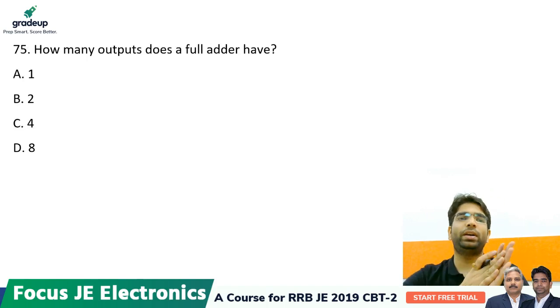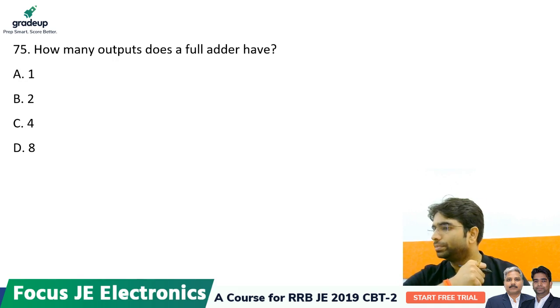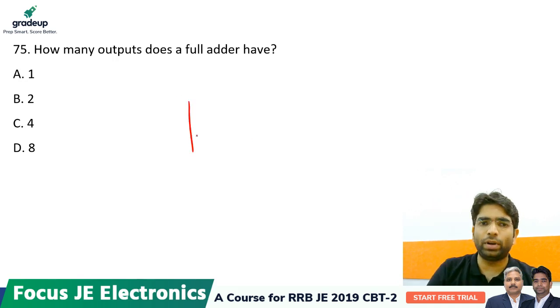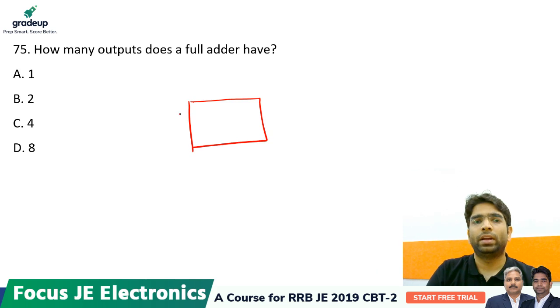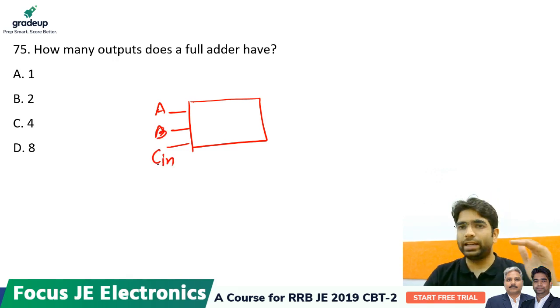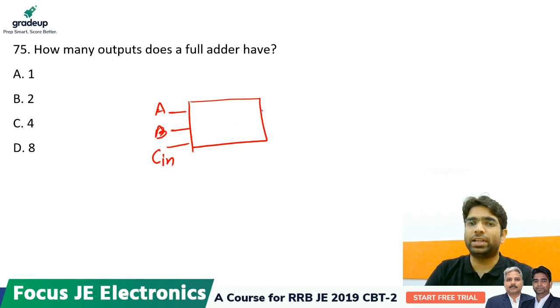How many outputs does a full adder have? There is a full adder. One input is A, one input is B, and one input is C in, the carry from the previous stage. But the outputs are sum and carry only.